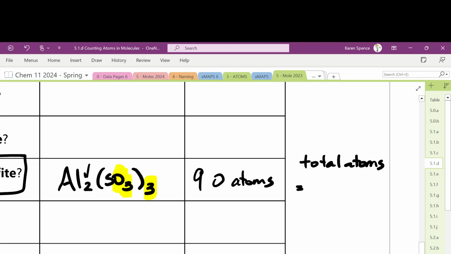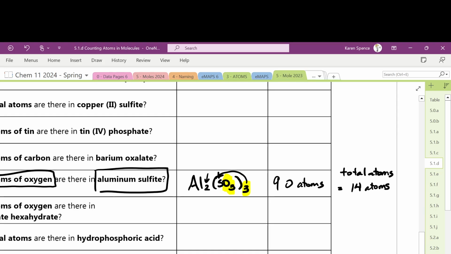Okay, we have 2 aluminum, so that's 2 plus 3 sulfur. So 2 plus 3 is 5, and 5 plus the 9 oxygen gives us 14. So if you did not get this done, this will be part of your weekend homework. I think most of you have it done already, okay?